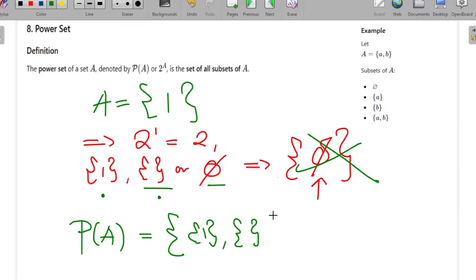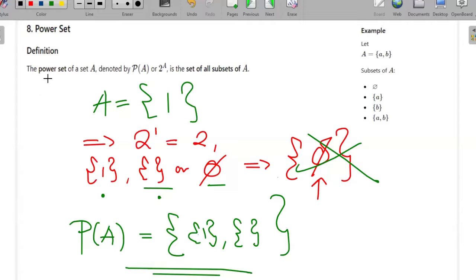You can see this is a set that contains the subsets of whatever set you've been given. That's the power set. Maybe showing it like this and then going back to the definition will help you understand what it is, because sometimes when you're just saying the definitions, it's a bit difficult to understand. I hope now you're all clear, right?